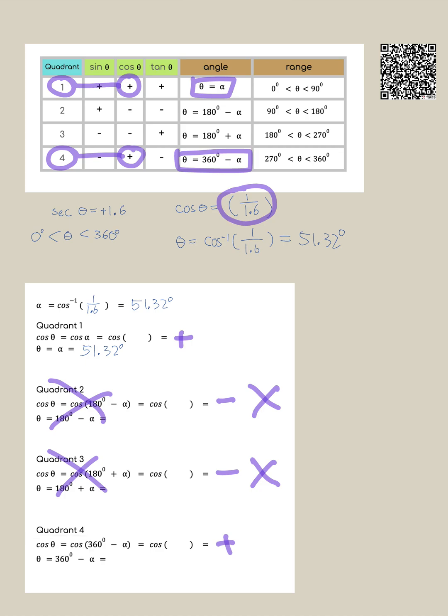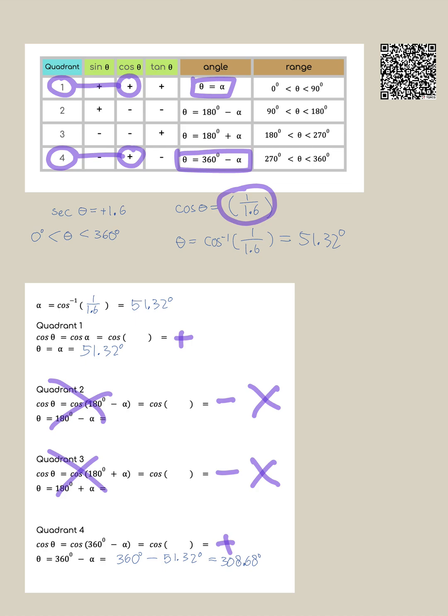Theta is equal to 360 minus alpha. 360 degrees minus alpha, which is 51.32 degrees. Let's press our calculator. 360 minus 51.32 would be 308.68 degrees.